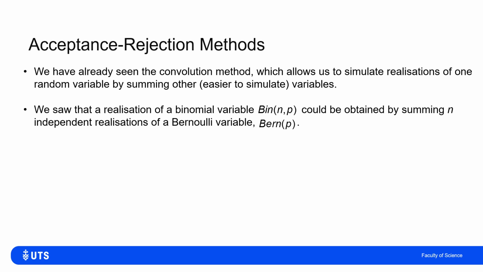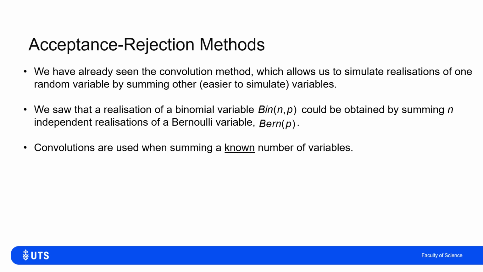I've got a much simpler method: if I need to simulate 17 coin flips, simulating one coin flip is easy, and adding up 17 of those is easy as well. So I've got two easy steps instead of one hard step.